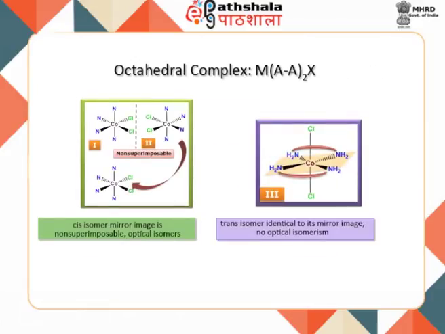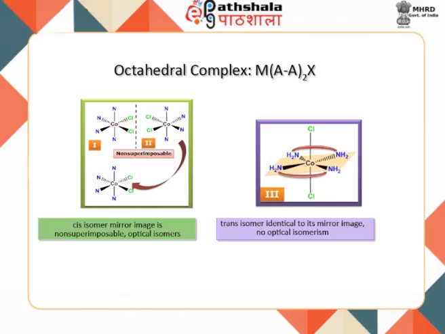Now let us discuss another system, the octahedral complex M(AA)2X2, where AA is a bidentate ligand. As you can see, there are 2 geometrical isomers possible for this type of complex, cis and trans. Cis M(AA)2X2 is chiral and will also have optical isomers.